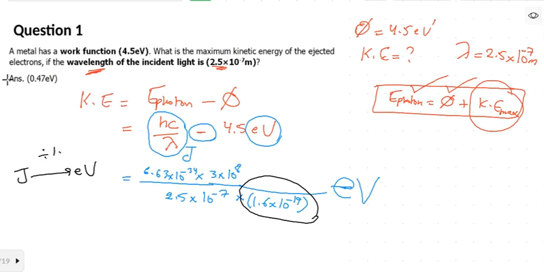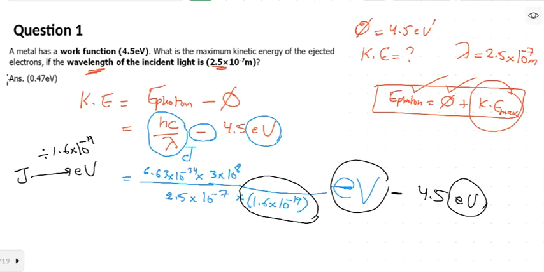Remember, divide by 1.6 times 10 exponent minus 19. I told you this before, divide by e. So now the answer of hc over lambda is in electron volt, minus 4.5 electron volt. Now I have electron volt and electron volt. If I write this on the calculator, I will get 0.47 electron volt. This is question number 1.